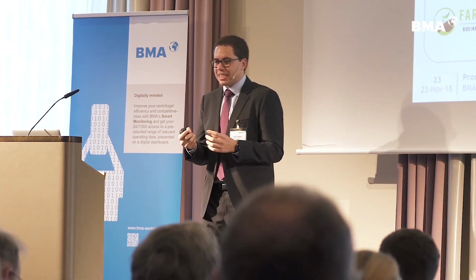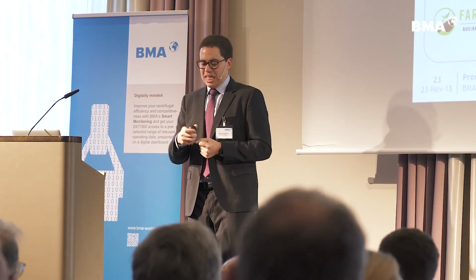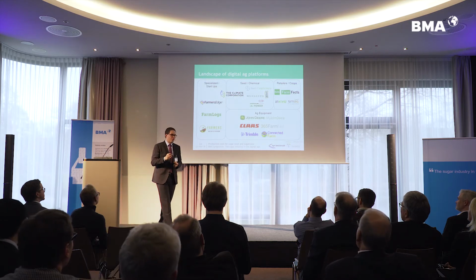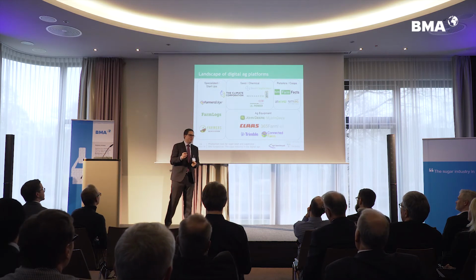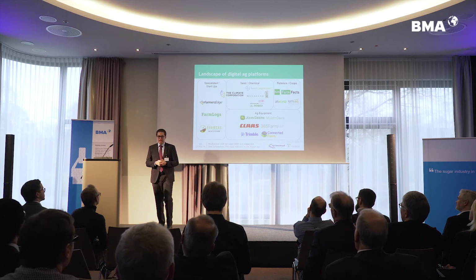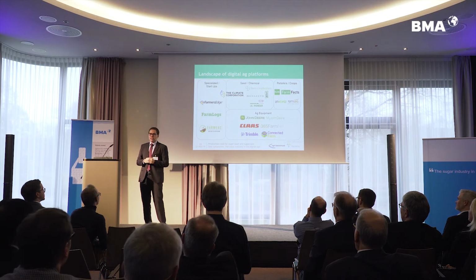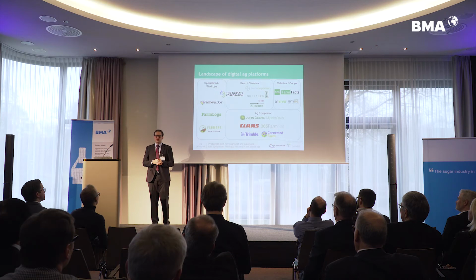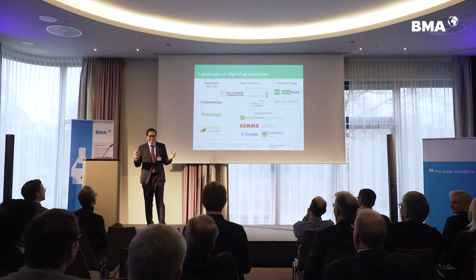And there is a big discussion in the agricultural sector that Bayer bought Monsanto not for glyphosate, not for GM, but for Climate Corporation, because it's a very strong tool. 25% of the farmers in the US are using it. In Germany, I think it's not even known by some of the farmers, but it still has potential.